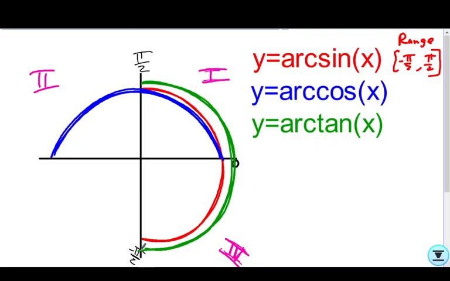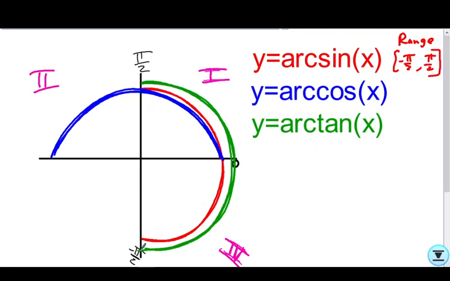Now notice we don't get anything from quadrant 3. That's because nobody likes quadrant 3 because it's so negative. So quadrant 1 and quadrant 2 for cosine, and both arc sine and arc tangent give us back quadrant 1 and quadrant 4 answers.